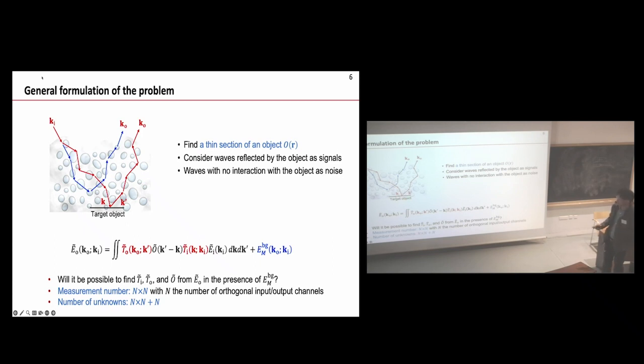Now, what's the role of the object? I mentioned that we are going to deal with a thin section of the object, which will be determined by the objective lens focus eventually. If the object is thin, then it has a special property. If you have a thin diffraction grating, you shine the laser and you have a diffraction.